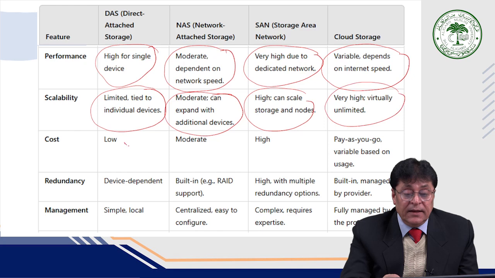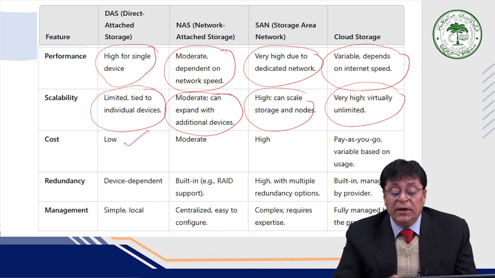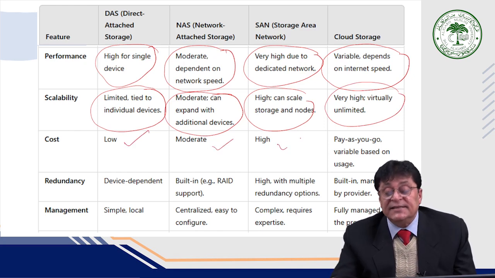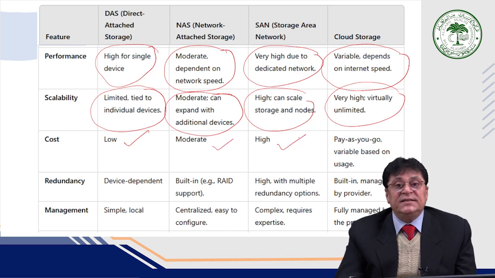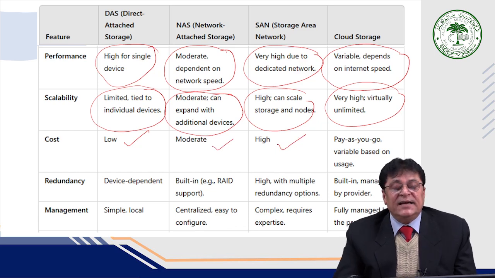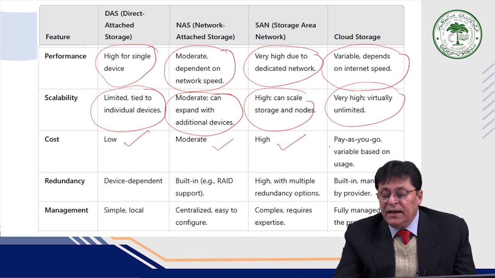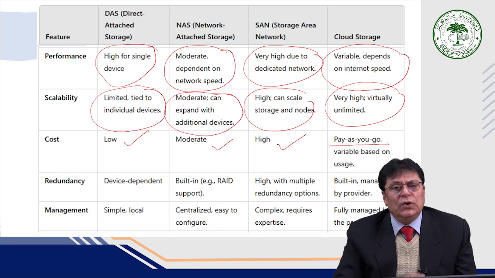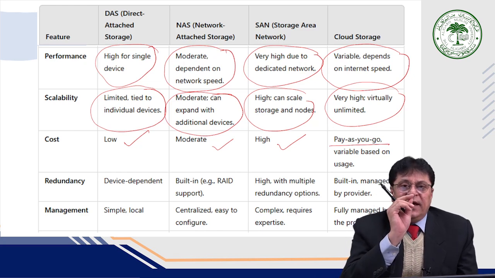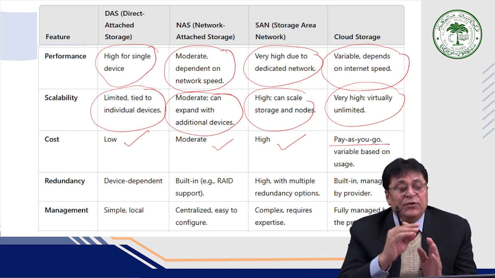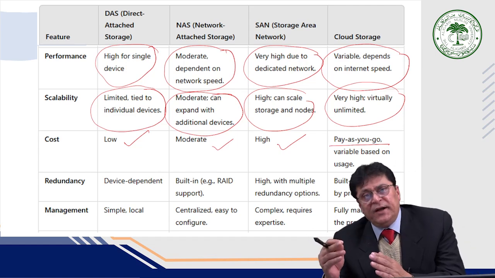Cost-wise, DAS is low, NAS is moderate, SAN is high, and cloud storage, as I just said, you pay as you go. If you pay X amount, you pay for it. If you pay X plus 1 amount, you pay for it, and likewise.